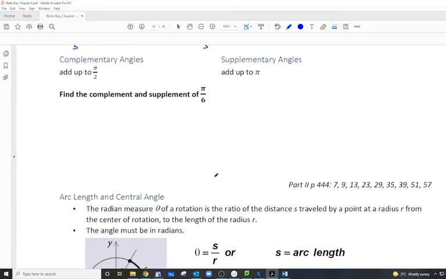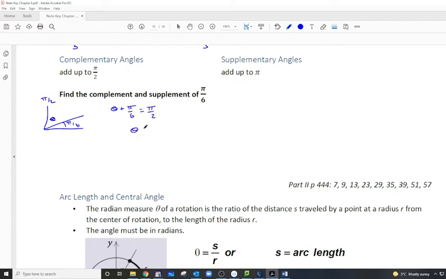The next two terms are complementary and supplementary. Could you do this without me saying anything, right? Complementary angles add up to pi by 2 or 90 degrees. So if we have an angle like pi by 6, we want to find an angle theta that would add with pi by 6 to give you pi by 2. So theta plus pi by 6 gives you pi by 2.